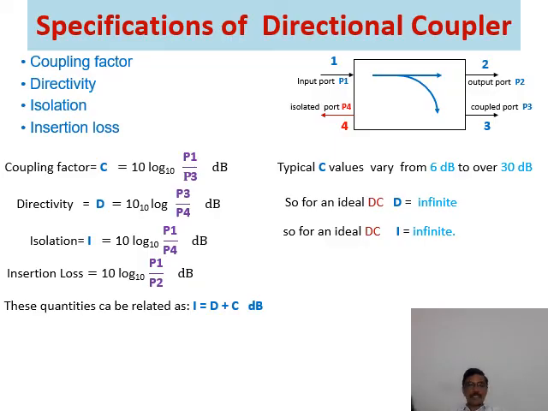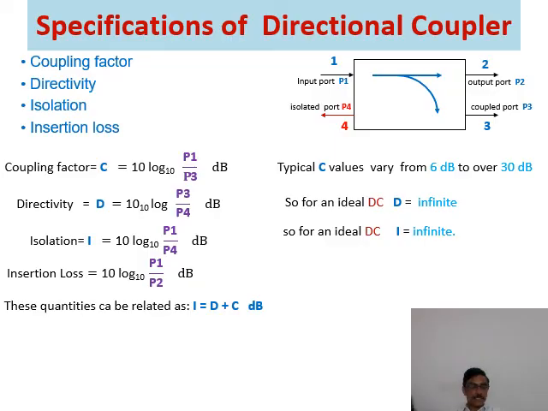Before we finish the specifications of the directional coupler, let me summarize these 4 parameters in one sentence each. Coupling factor is a measure of how much of the input power is being sampled at the coupled port.